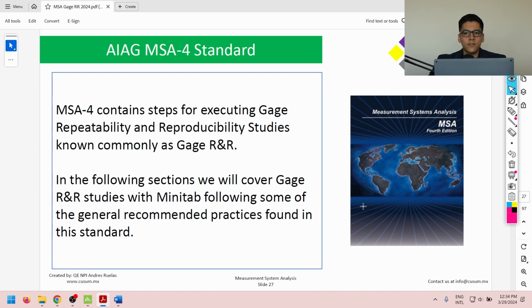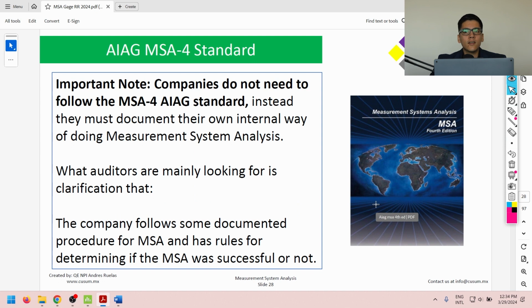on this standard. Please note that companies do not need to follow the MSA-4 AIAG standard. Instead, they must document their own internal way of doing measurement system analysis. What auditors are mainly looking for is clarification that the company follows some type of documented procedure for MSA and has rules for determining if the MSA was successful or not.